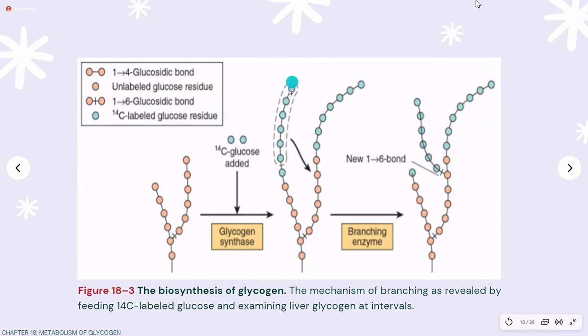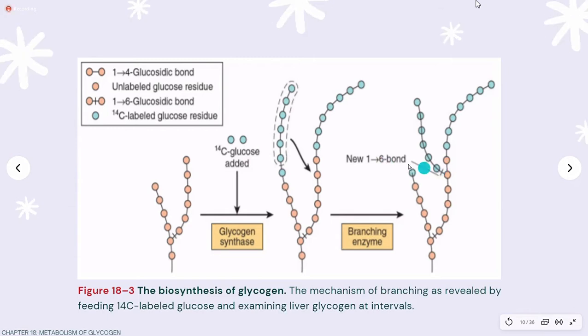So you take 1, 2, 3, 4, 5, 6. The branching enzyme cuts this off and transfers it to another segment. So here, there you are, and creates a 1,4 linkage, a 1,6 linkage. This is 1,6 linkage. So that's why it's called a branch.